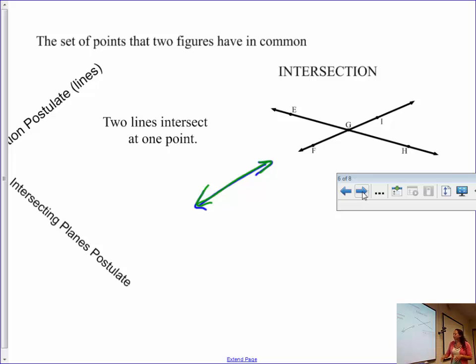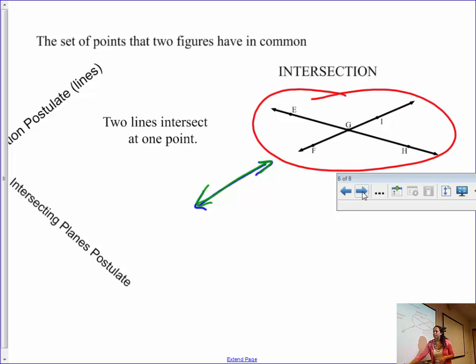But we're going to focus in geometry on this type of intersection. Now, what we just circled in red, I have two lines, just like the example you just looked at with Mrs. White, and these two lines intersect at one point. They intersect at point G. So if we asked you where's the intersection, your answer would be point G.